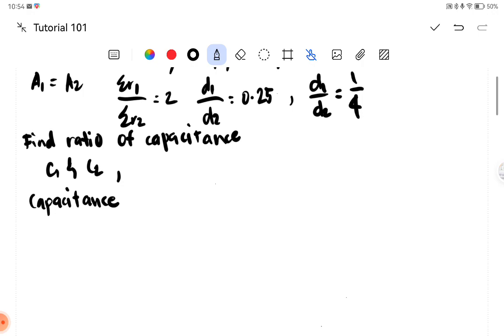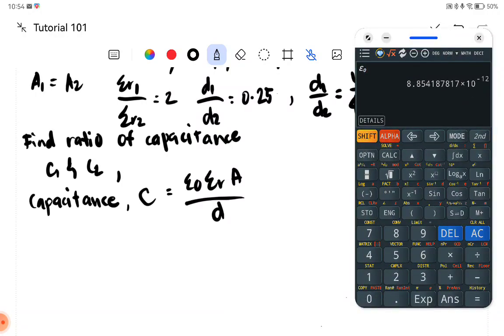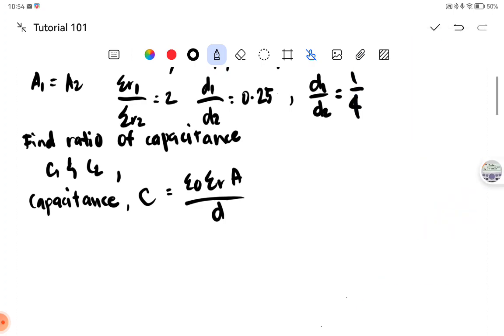Capacitance is simply denoted as C, which is equivalent to EO, ER, A over D. Wherein our EO is our permittivity, which is equivalent to 8.85 times 10 raised to negative 12. Wherein our ER is just simply 1, and then our area over our distance.